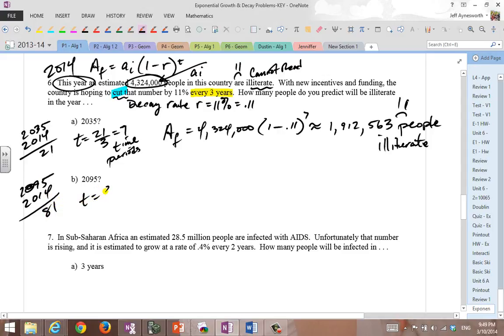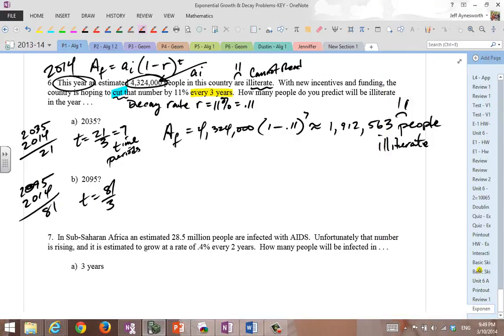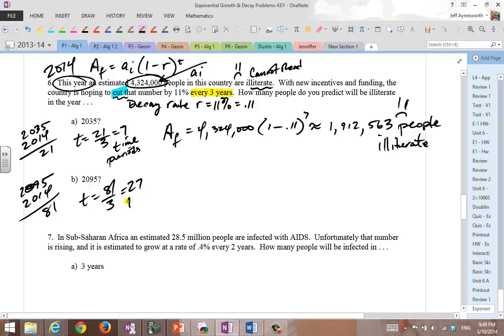So t in this case is 81 divided by 3. You know what that is? 81 divided by 3, 27. So 27 time periods. Okay, so let's figure this out. We start off with 4,324,000 illiterate people. We've got to multiply it by 1 minus 0.11 raised to the 27th power.